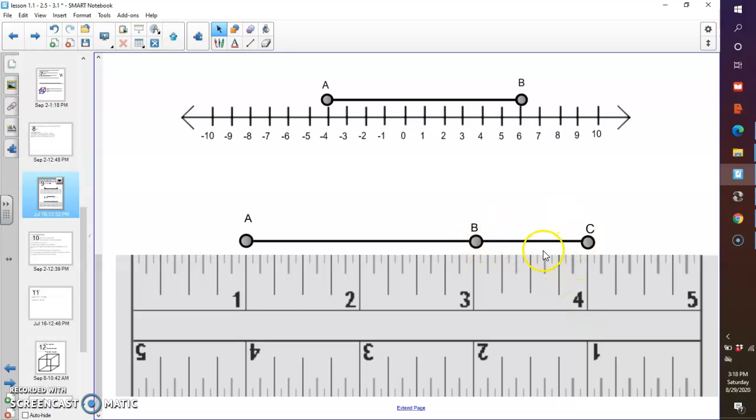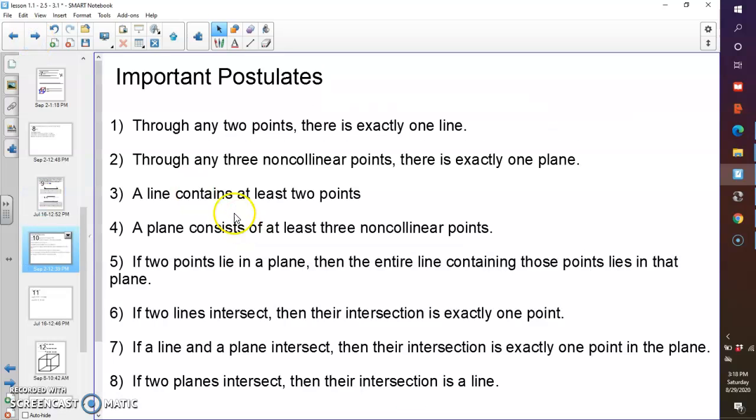BC would have a distance of 1, 4 minus 3. And BA would have a distance of 2, 3 minus 1. And if you notice, AB plus BC, 2 plus 1 equals 3. And what's my length of AC? AC would be 3, the 4 minus 1. Even if you didn't understand everything there, try and keep that in the back of your mind because we are going to come back to that next section.